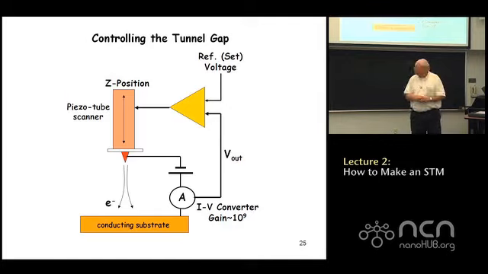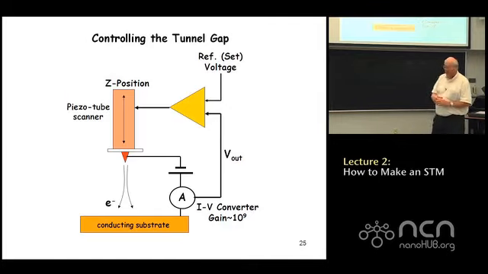This is an example of the feedback circuit used in scanning tunneling microscopy. It involves an operational amplifier, indicated by that yellow triangle. Physics students and electrical engineers can design these operational amplifiers to do the required feedback signals.